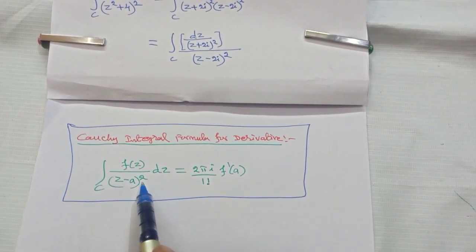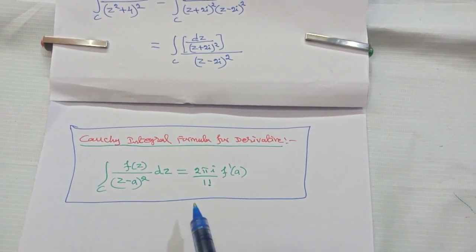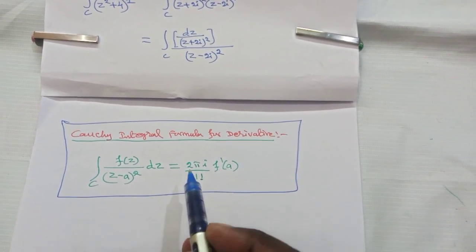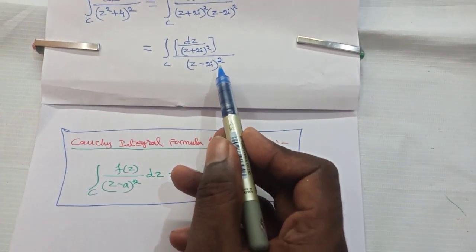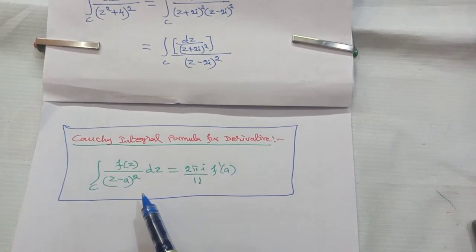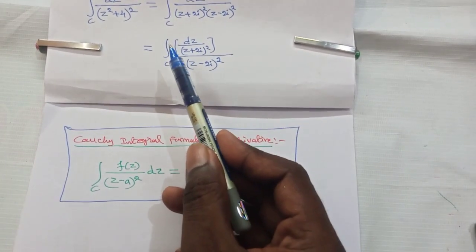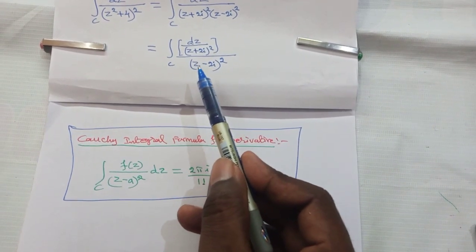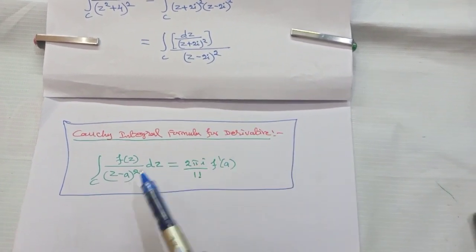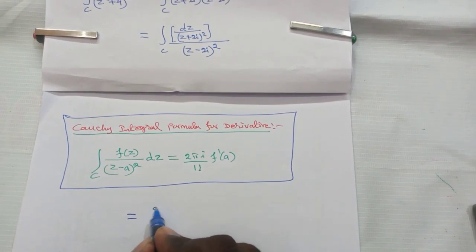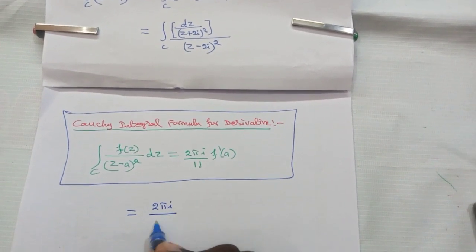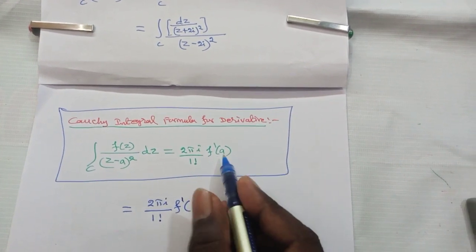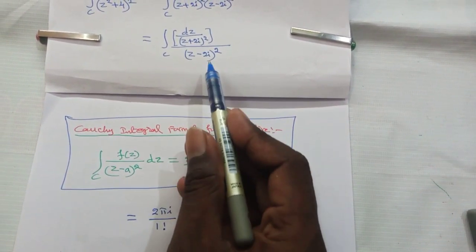If it is 3, it is 2 factorial and 2 derivatives. We can generate many formulas like this, but here the denominator has power 2, so this is the formula. Here a is 2i.